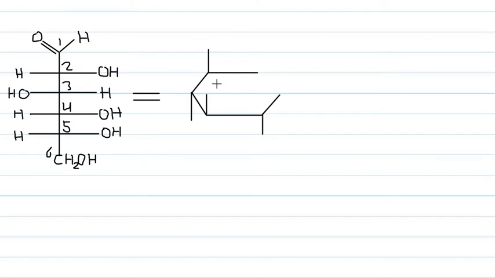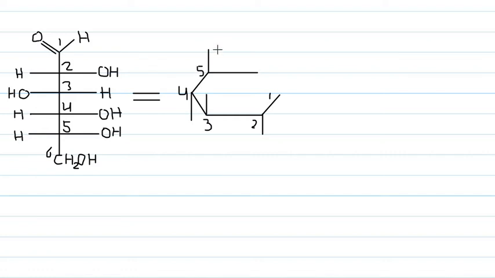Do like this alternately, up, down, up, down. Okay. So this is number 5. This is number 4. This is number 3. This is number 2. And this is number 1.